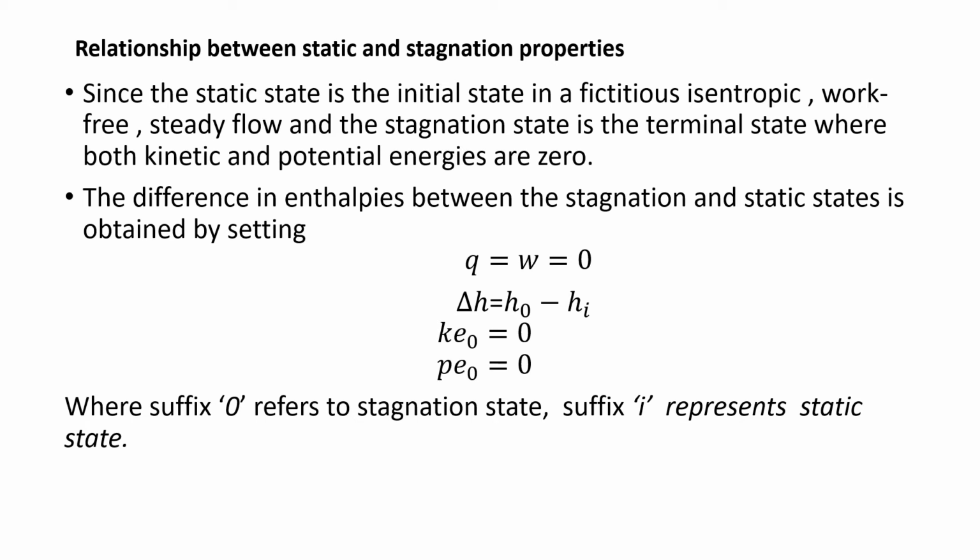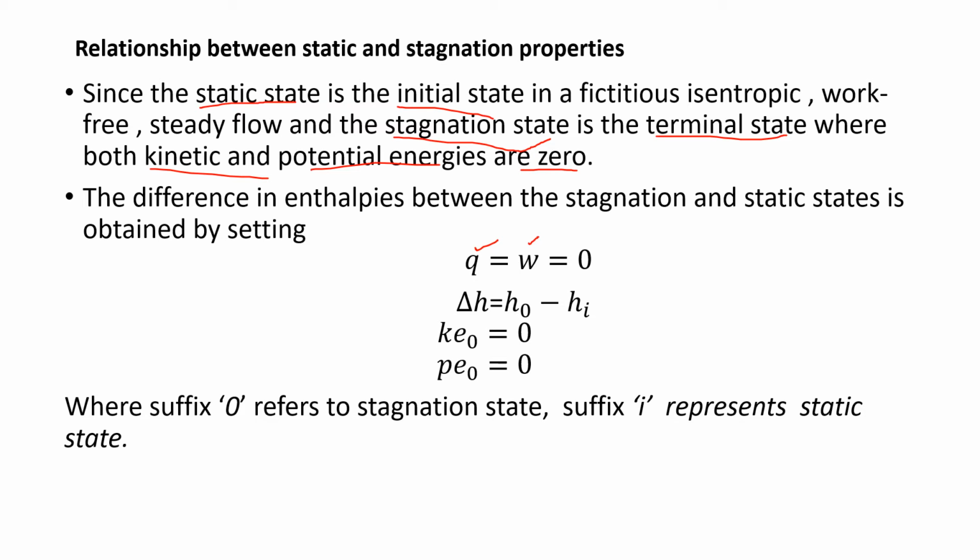We have studied that the static state is the initial state in a fictitious isentropic work free steady flow process, and the stagnation state is the terminal state, where both kinetic and potential energies are zero. The difference in enthalpies between the stagnation and static state is obtained by equating Q and W equal to 0. We get Q equal to 0, W equal to 0 from the definition of a steady flow, isentropic process.